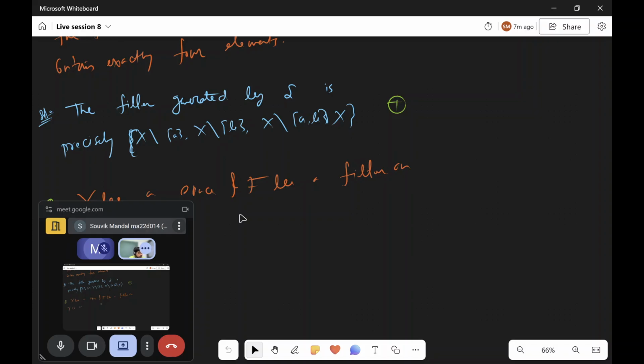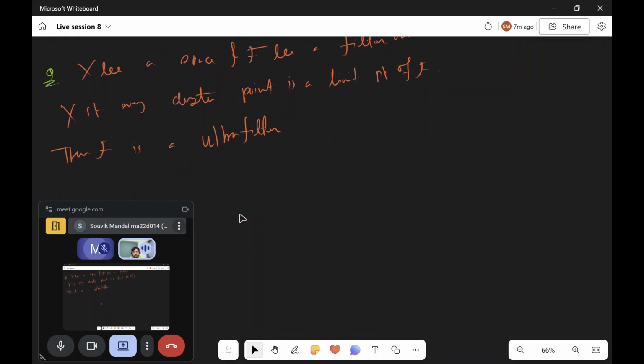Suppose every cluster point is a limit point of F. Then F is an ultrafilter. So X is a space and F is a filter on X, every cluster point is a limit point. Then we need to show that F is the ultrafilter.